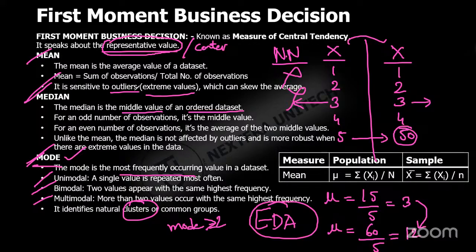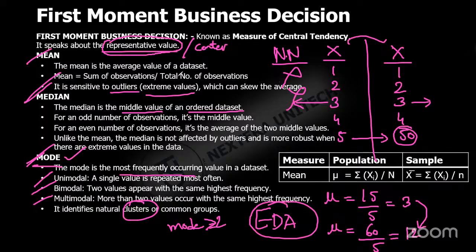Because of the outliers, the mean value gets affected. This disadvantage of mean is overcome by median. And finally, mode is for calculating the center value, the most repeated value, for non-numeric data.